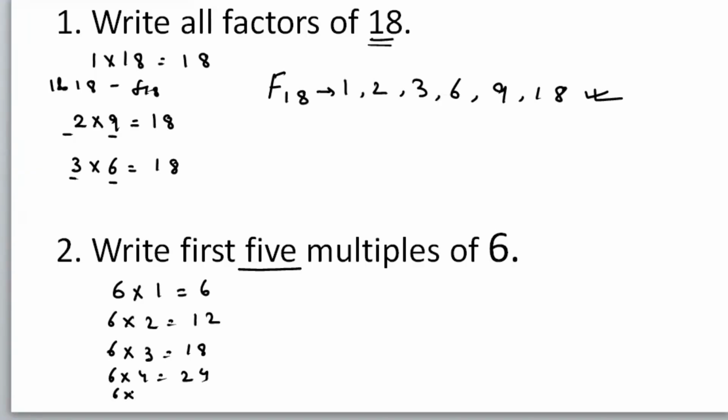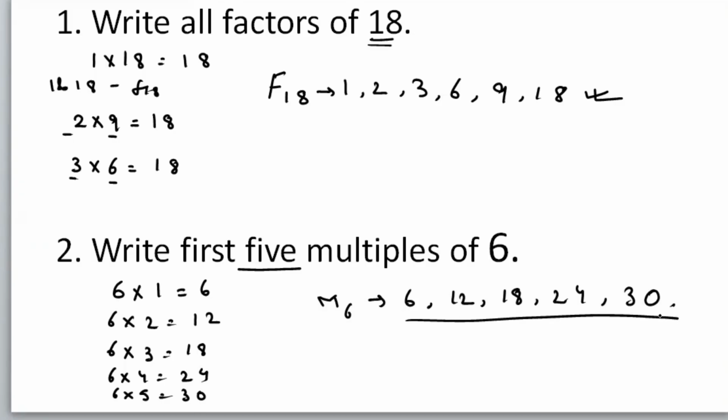And 6 times 5 is 30. So the multiples of 6 are 6, 12, 18, 24, and 30. These are the first 5 multiples of 6. You have to do according to what the question is asking you to do.